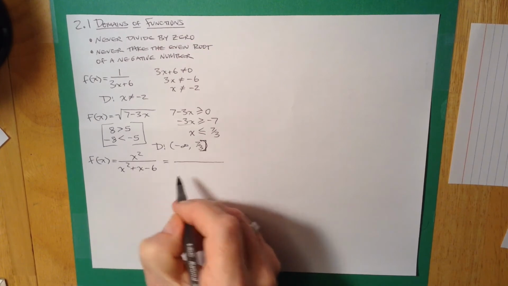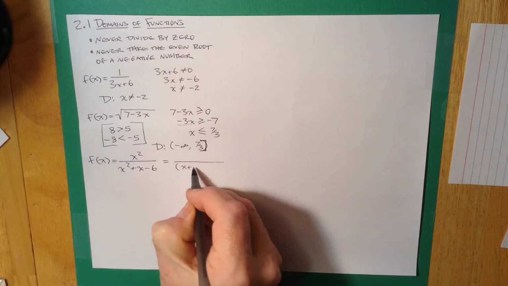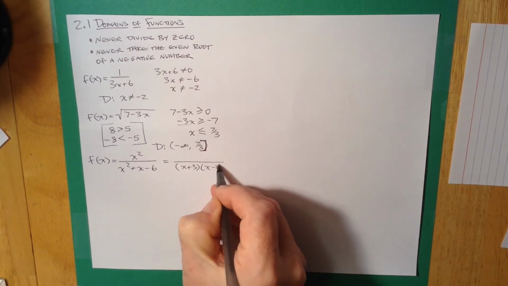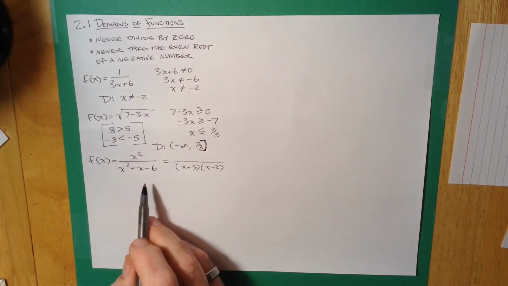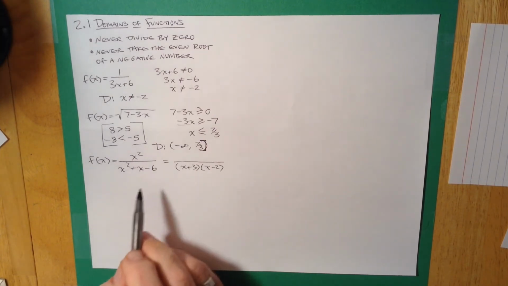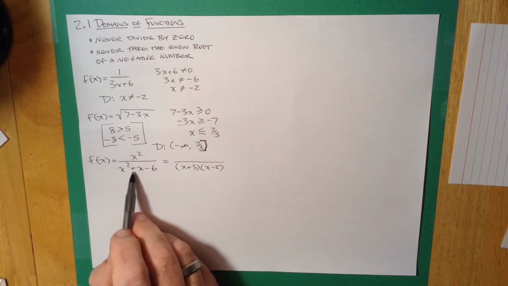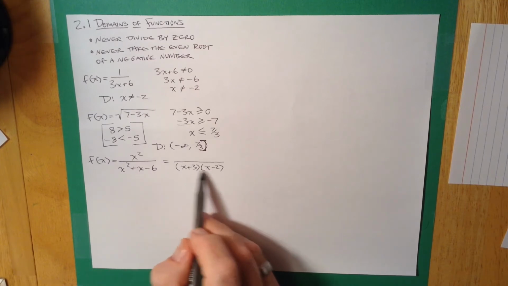If we factor this, factoring the denominator gives us x plus 3 and x minus 2, because you're looking for factors of negative 6. So you know that one of them is going to be positive and the other one's negative, with a difference of 1, and so 3 and 2.